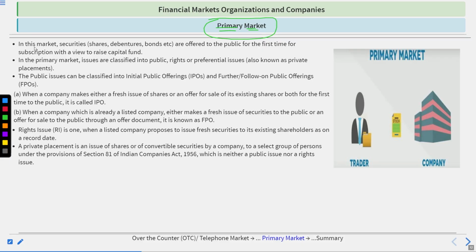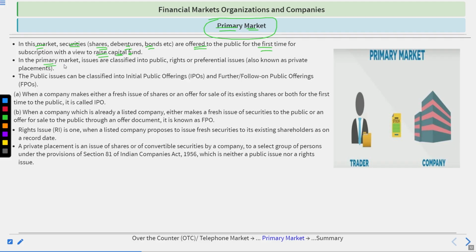In this market, securities like shares, debentures, bonds, and any other type are offered to the public for the first time for subscription with a view to raise capital funds. Like you can say in a primary market, any company XYZ launches its shares, debentures, and bonds for public subscription to raise capital, but they are launching it for the first time.